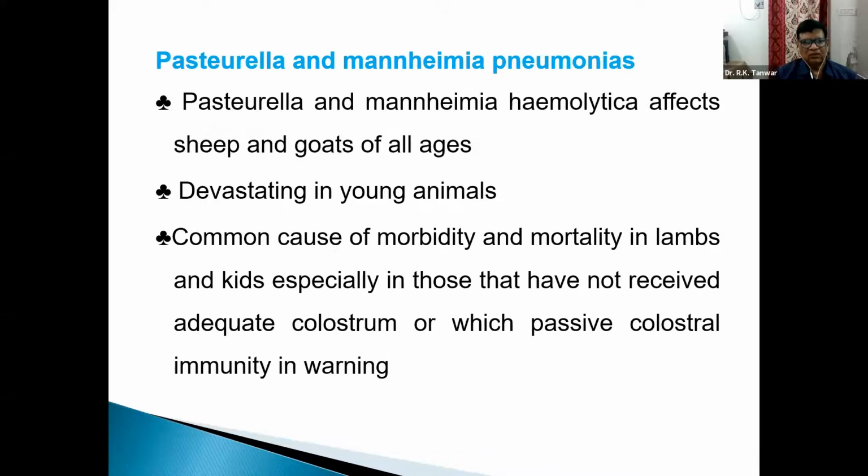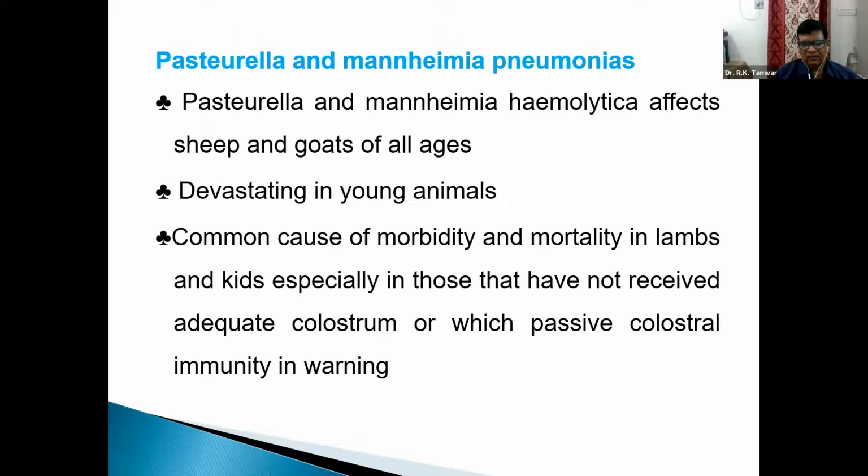Then there is pasteurella and Mannheimia pneumonia, though it comes in infectious disease, causing heavy mortality in all age groups. It is a common cause of morbidity and mortality in lambs and kids who have not received adequate colostrum. This is a very important point that we should advocate to the flock owner: the young ones should get the colostrum within 2 hours.